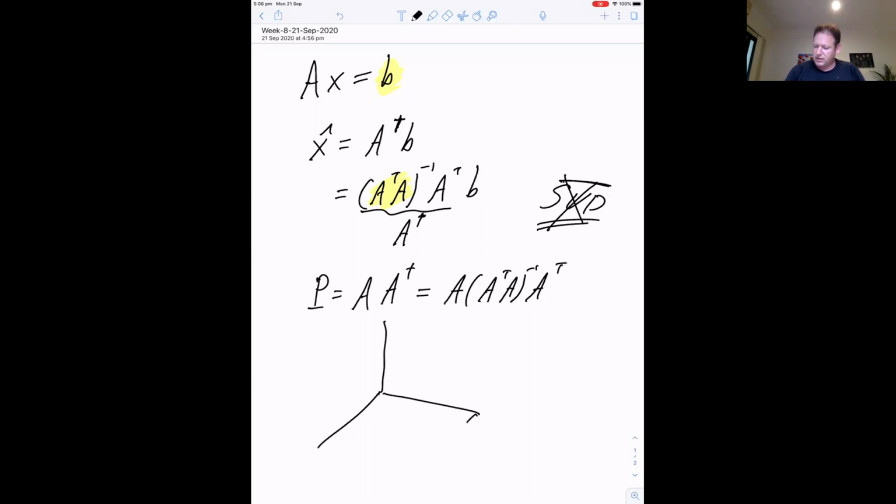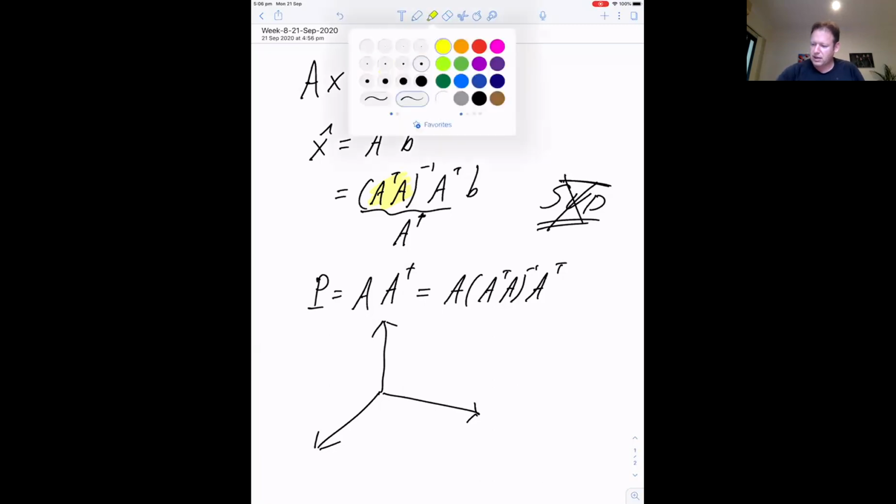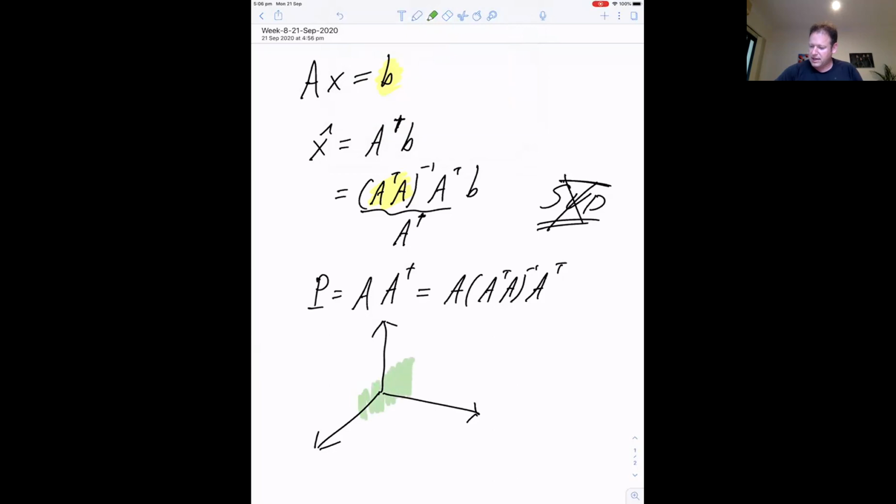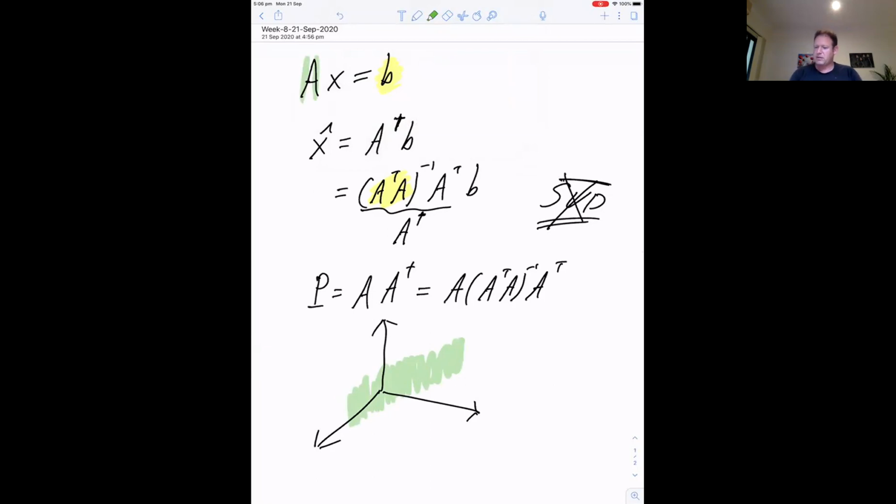Say we're living in R3, and I'll draw a plane spanned by the two columns of A. We have some vector b, and we want to project b onto this plane, and that will be P times b.